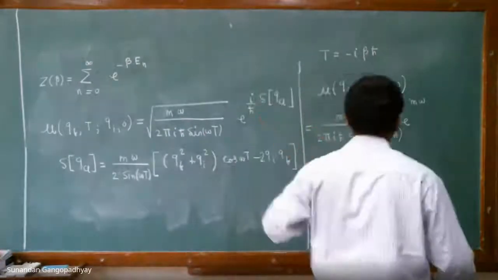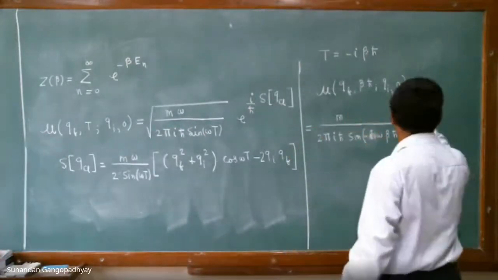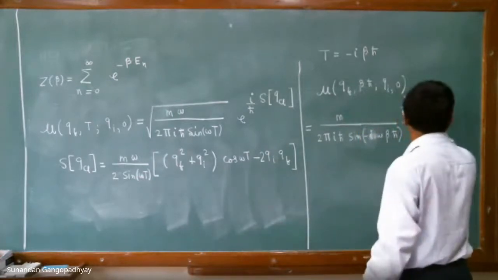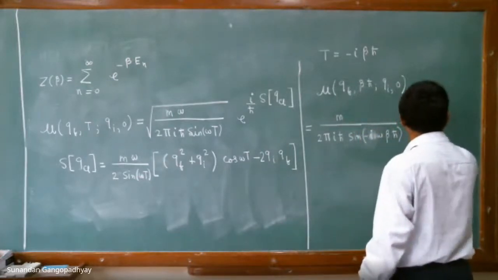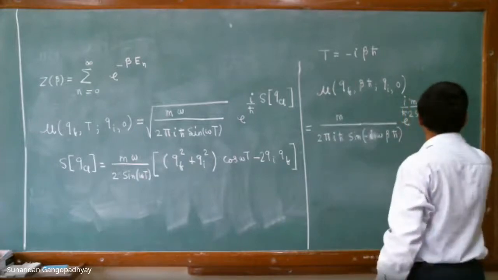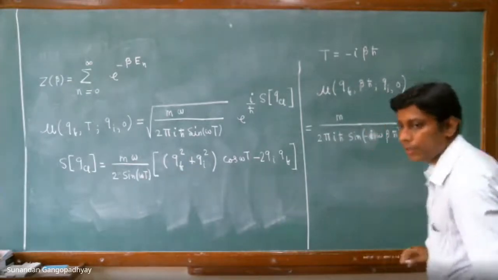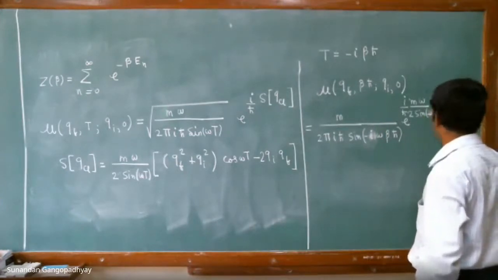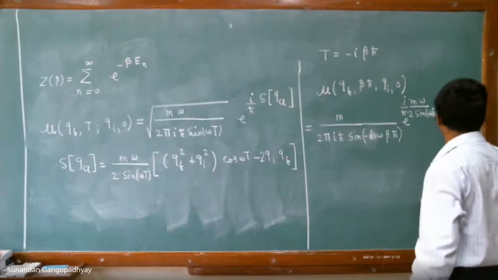Okay, so this is i by h bar, m omega by sine omega, once again you have this, therefore this is minus i. I hope you can see this part. Minus i omega beta h bar.